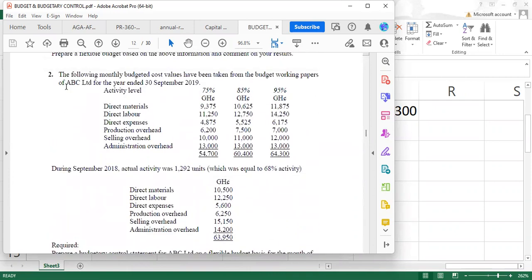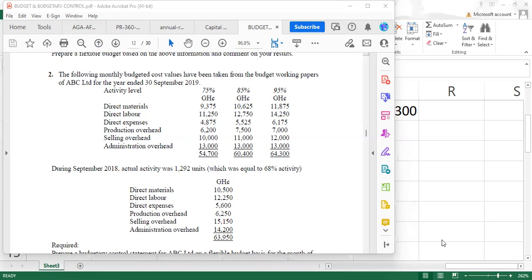Okay, let's come to question 2. Then we say bye-bye to flexible budgets. Who is reading for us? The following monthly budgeted cost values have been taken from the budget working papers of ABC Limited for the year ended 30th September 2019. Activity level 75%, 85%, 95%.